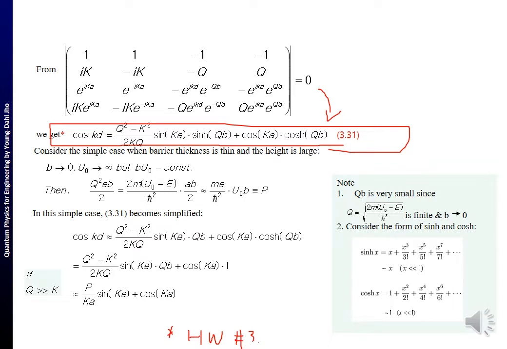And we will consider the simple case again, when the barrier thickness is thin. The barrier thickness actually comes from the periodic potential shape like this.